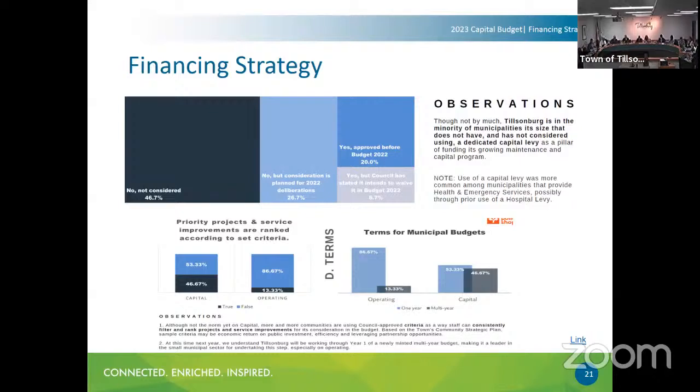One of the observations here was that the dedicated capital levy is seen across 50% of the sector. Mostly it is the largest 15 municipalities across the province that are the leaders within the sector, and other municipalities are at various stages of adopting some of those practices. Recommending the capital levy is one of those pillars of funding for maintenance and capital programs.